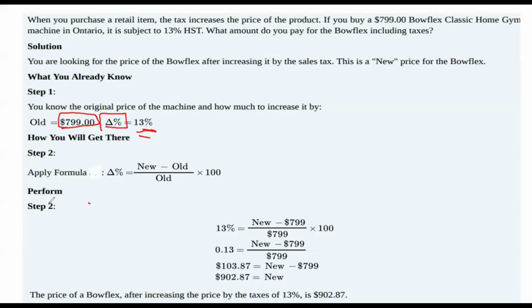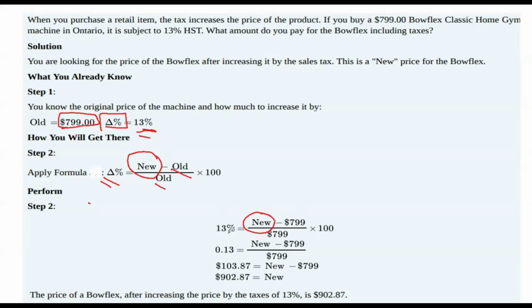So if we go back to our formula, we know the old price is the marked price, but we don't know what we will have to pay at the counter when we check out. And that's what we have to find out.